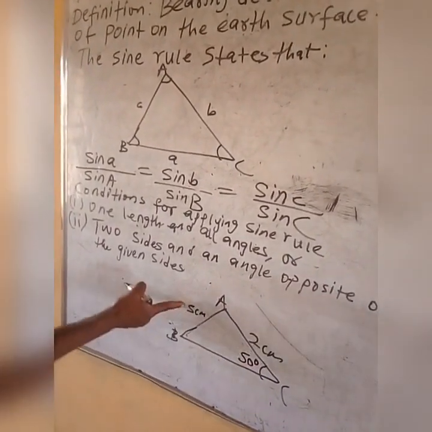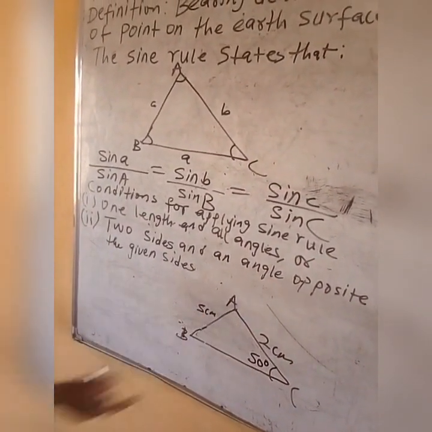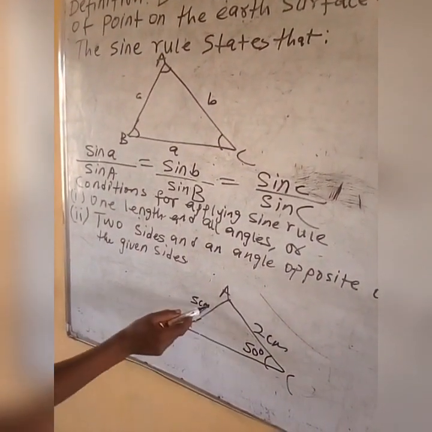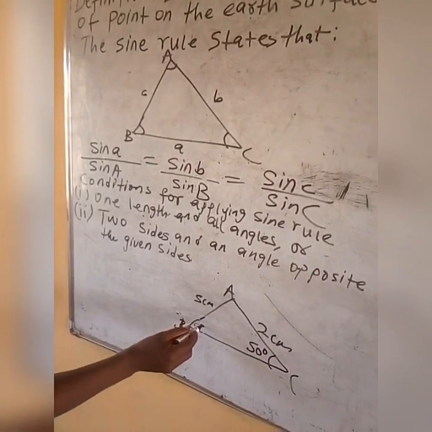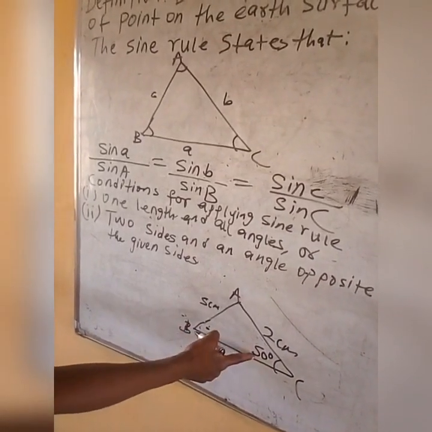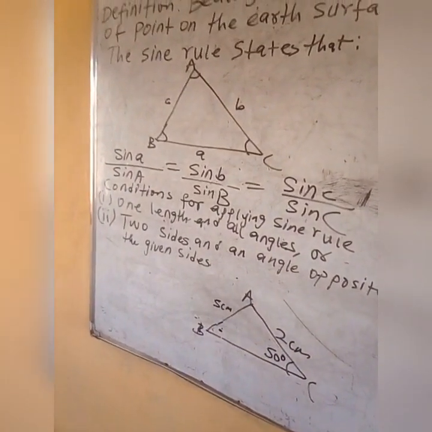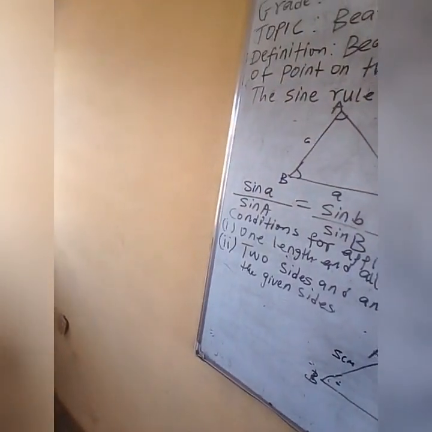Do you see that it's opposite one of these? Now, we can use sine. I can use it to find this angle, and once I find this, this plus this minus 180 gives me this. So that's when we'll be able to use the sine rule.